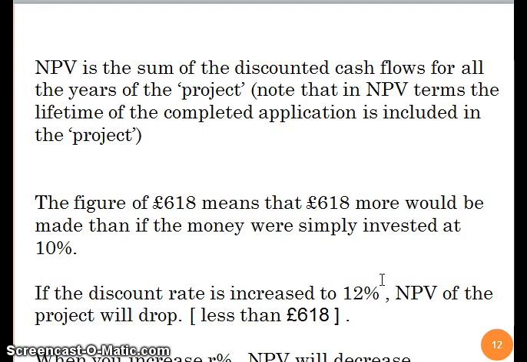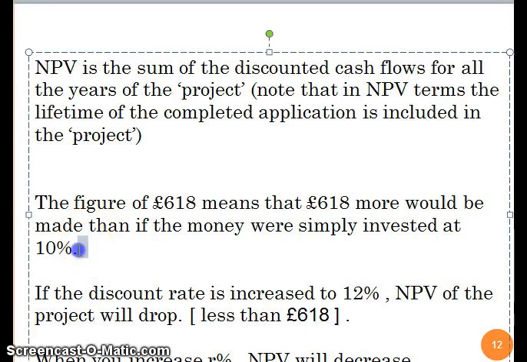In the previous example, you got the NPV as 618, which means you will get $618 more than the money invested. For example, you had a 10 percent rate.